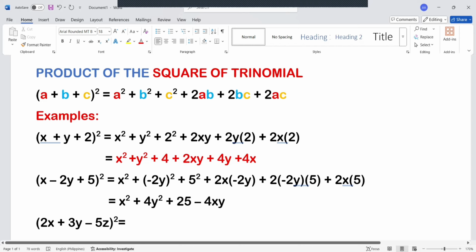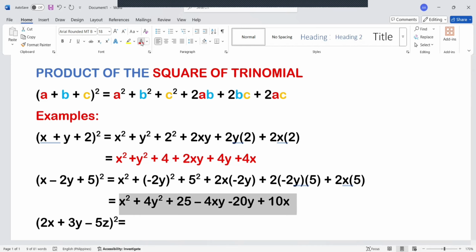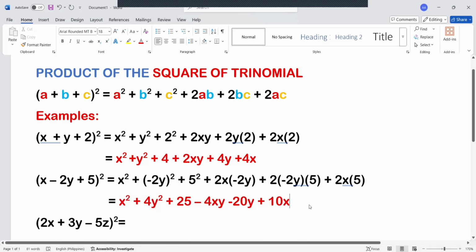And then plus twice the product of the second and the third, which is 2 times negative 2y times 5, that will give us negative 20y, plus 2x times 5, which is 10x. So the product of the quantity x minus 2y plus 5 squared is x squared plus 4y squared plus 25 minus 4xy minus 20y plus 10x.